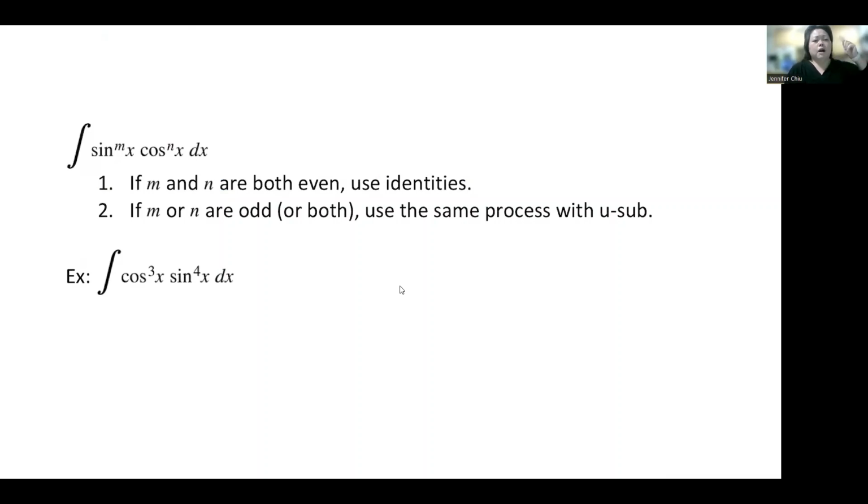If either of them are odd or both are odd, you want to use the same process as your u sub. So again, you really want to look at this and say, what can I do to create a u and its derivative in this situation. So when you have cosine cubed x times sine to the fourth x here, a good idea would be to take one of the cosines out, because any even power can be replaced with either the Pythagorean identity or the double angle identity.